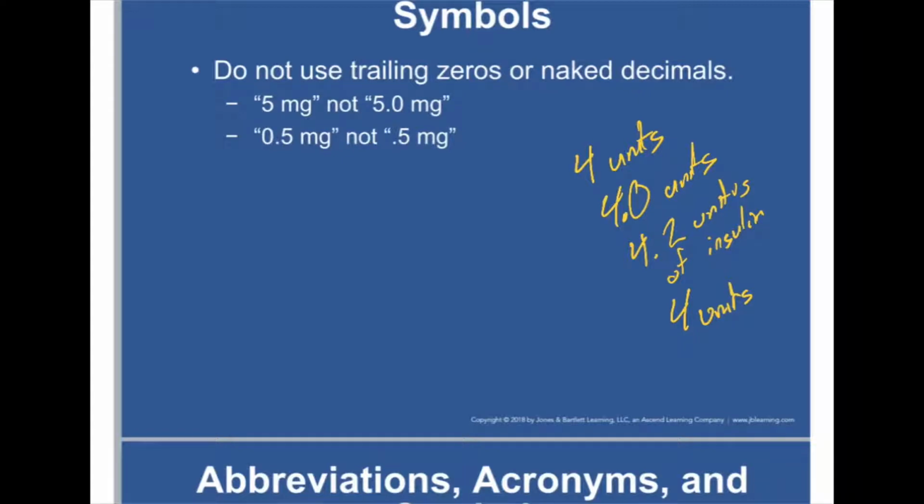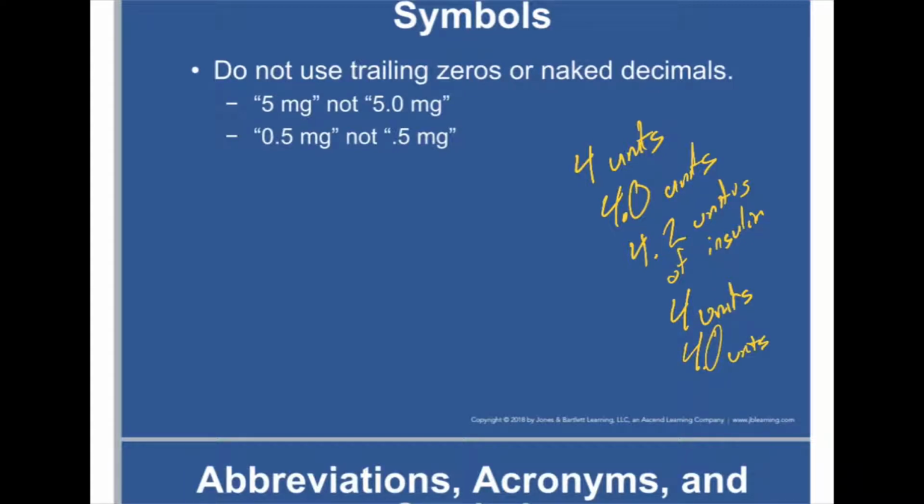I actually recently read about a nursing home that committed a medical error involving insulin. The prescriber had meant to write for just 4, but when he wrote 4.0, his 0 was a little too close to the decimal. So when the staff read that, they interpreted it to be 40 units.